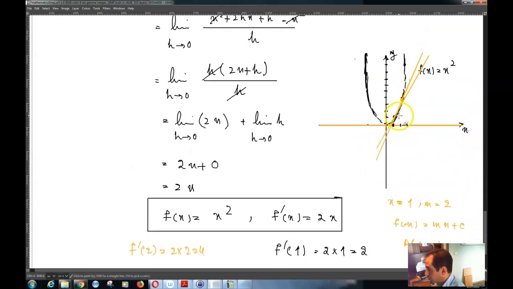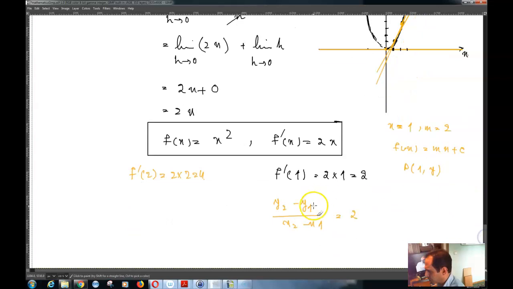One point over here, I already know. It's basically x is equal to 1 and y is equal to 1, so 1 comma 1. And the slope is 2. This is equal to m.